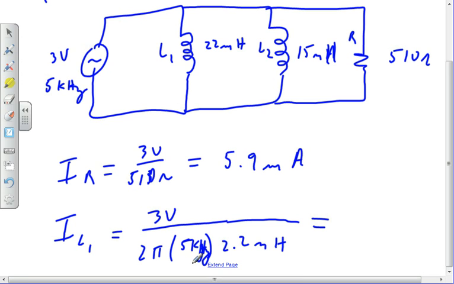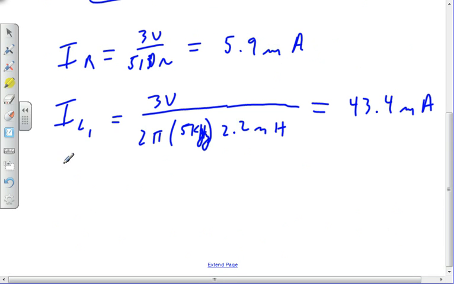That can't be right. Yeah, it could be 43.3 milliamps. Somebody complaining about the 0.3? You were? All right, I corrected it soon enough.